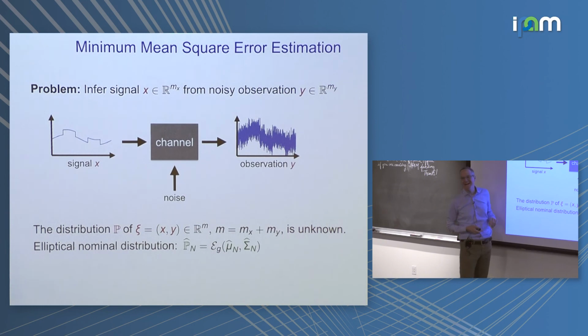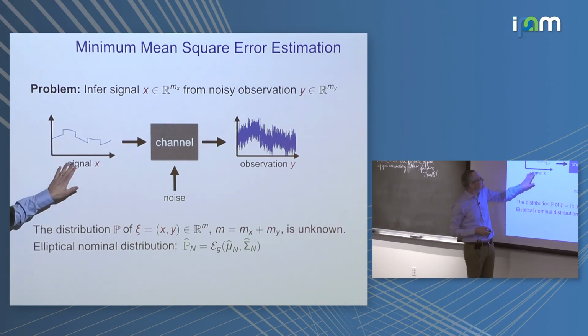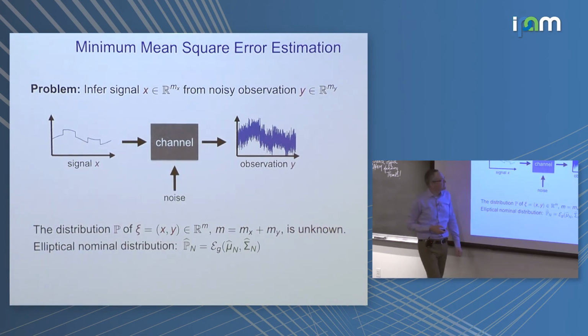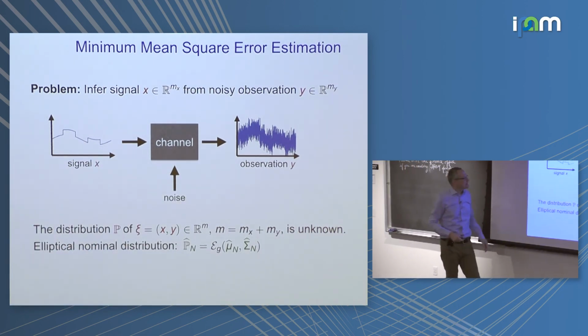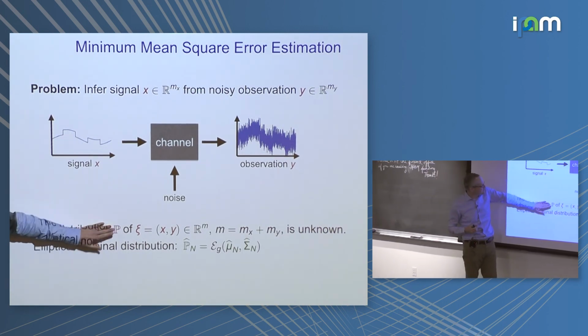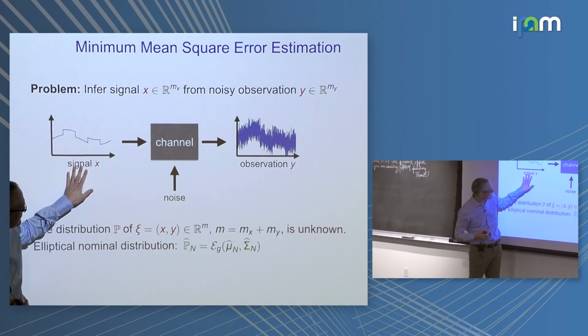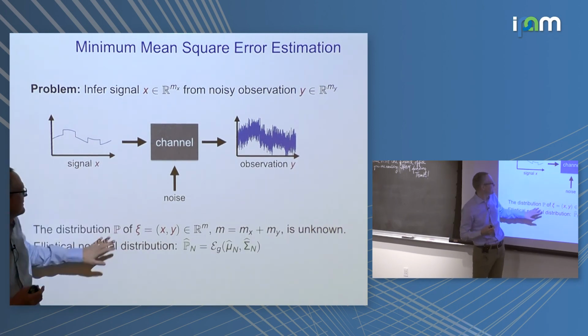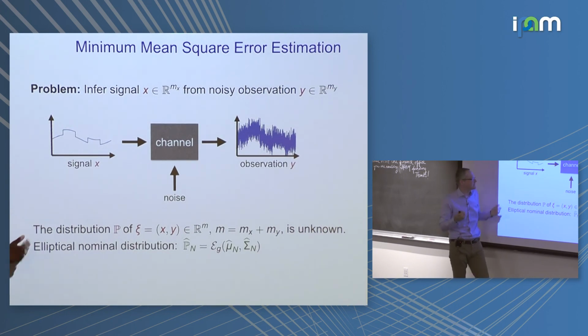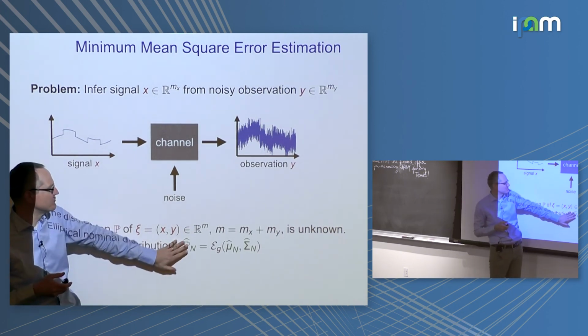Here it is about estimating some signal from a noisy observation. And this is sort of a problem that we would have to do in Kalman filtering. So we just assume that the joint distribution of the signal and the observation follows a distribution P that we don't know, but we believe that it's close to some elliptical distribution P hat.